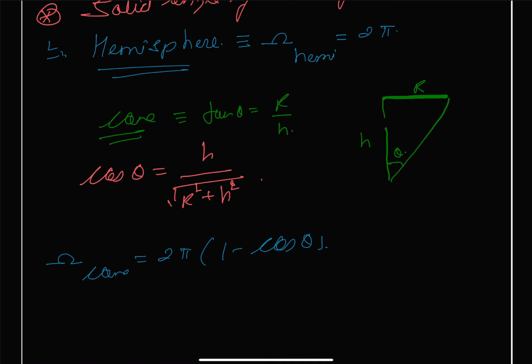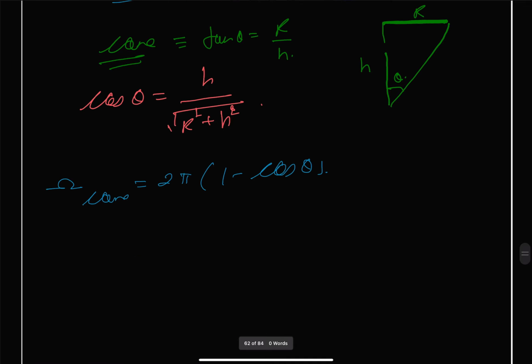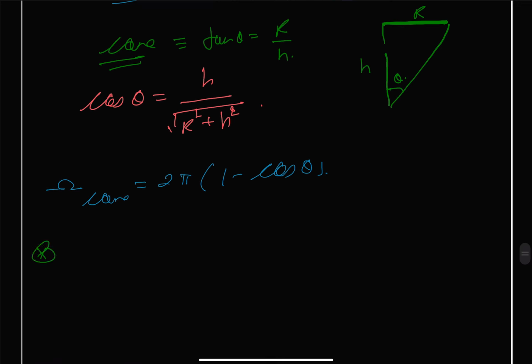Therefore, the total solid angle, let us write this as total is equal to the angle because of the hemisphere plus the angle because of the cone.